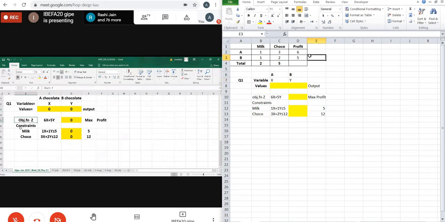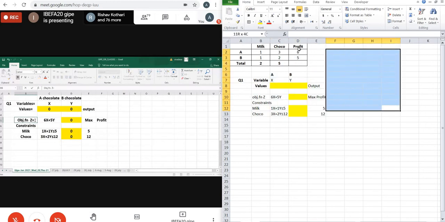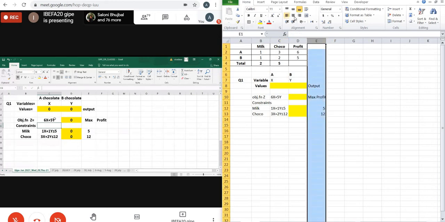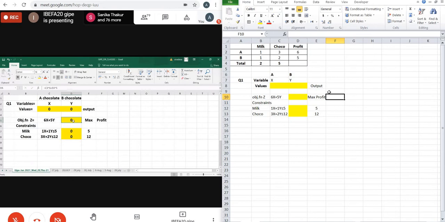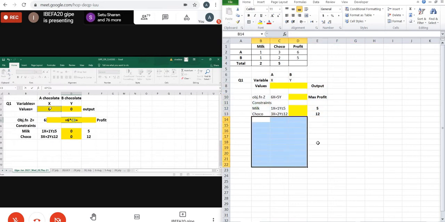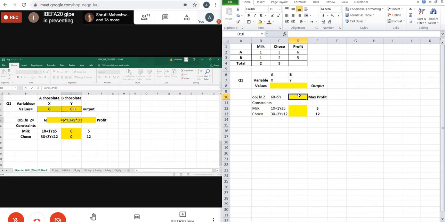Research objective, Z. Six X plus 5Y. And that is equal to 6 multiplied by X value plus 5 multiplied by Y value is the formula.